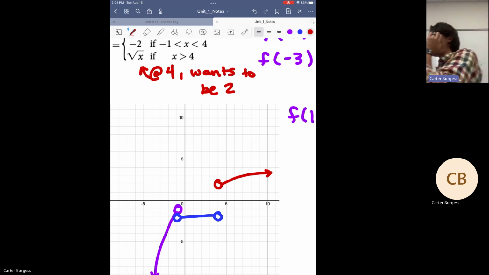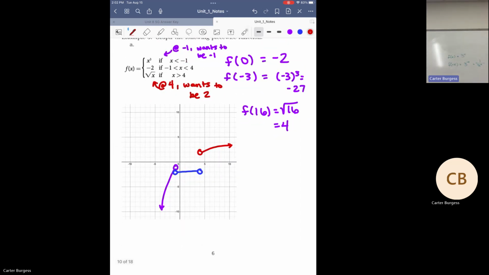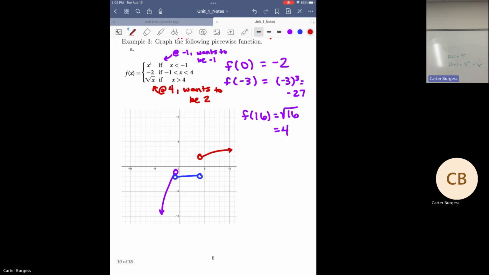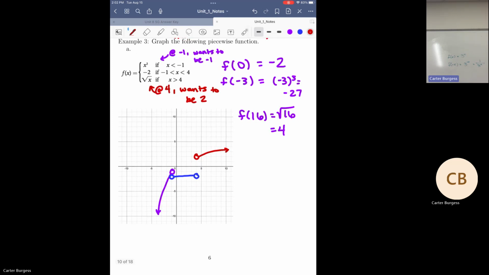Okay, from this, what do I care most about in terms of what you know? I care a lot more about your ability to evaluate a piecewise function at a particular value than I do your ability to accurately graph it.